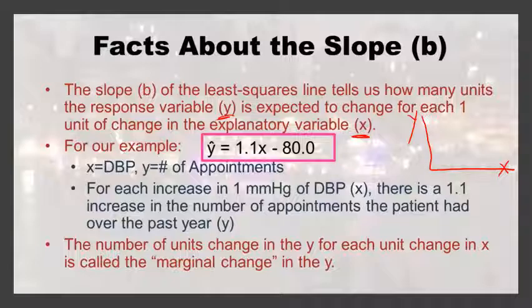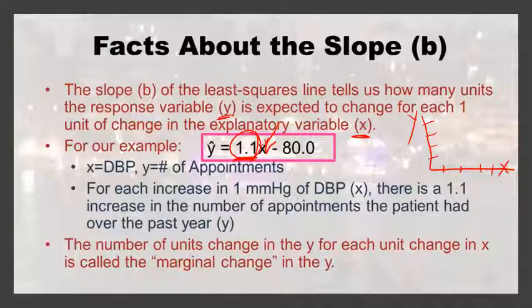So for every 1 increase in the x, there will be a 1.1 increase in the y. That's what that means. And how did we get that? Well, that was our b, 1.1.